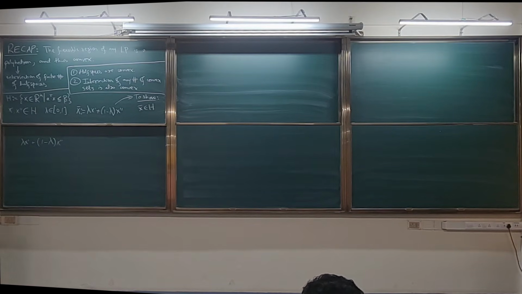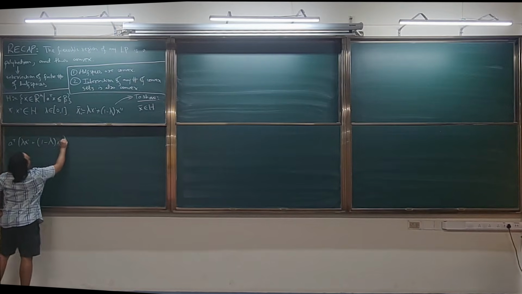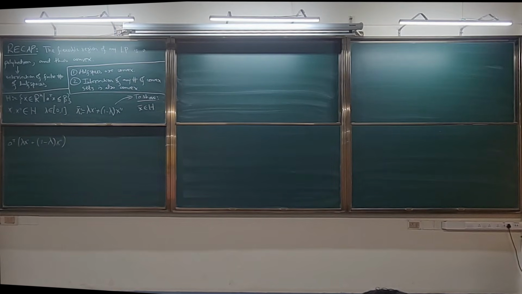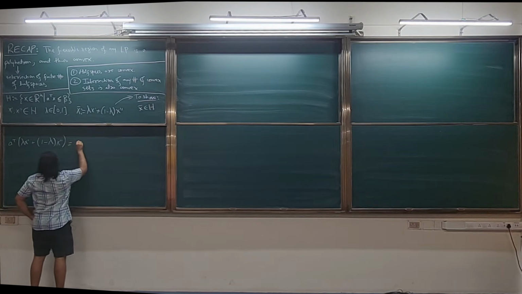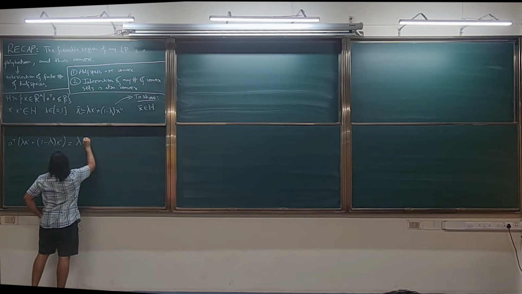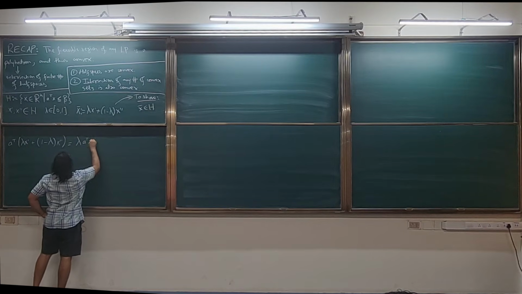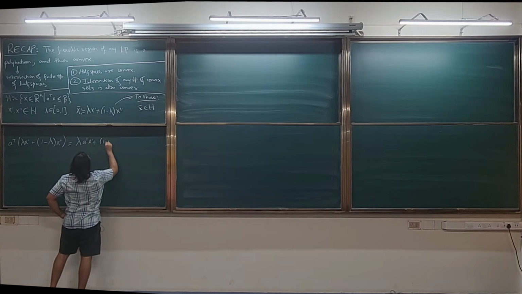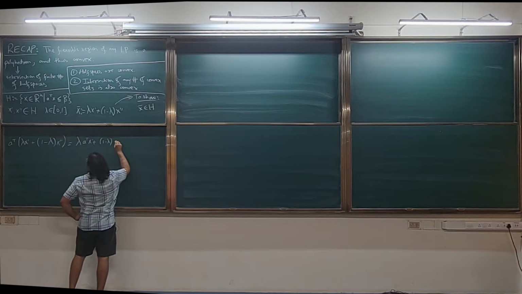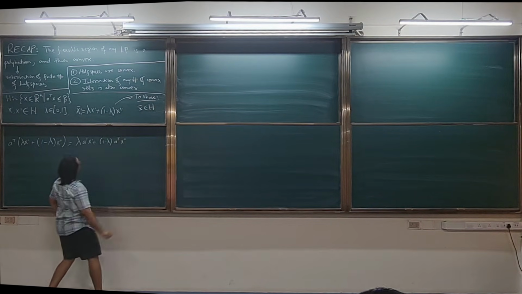So that means if I multiply this by A transpose, our goal is to show that this is less than or equal to beta. So let's do the math. Lambda times A transpose x prime plus 1 minus lambda times A transpose x double prime.